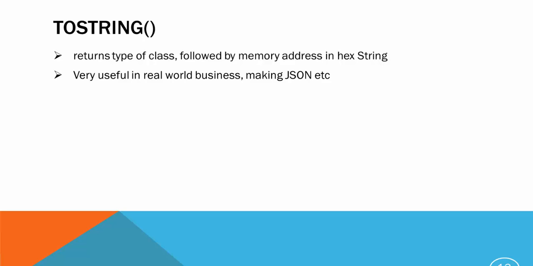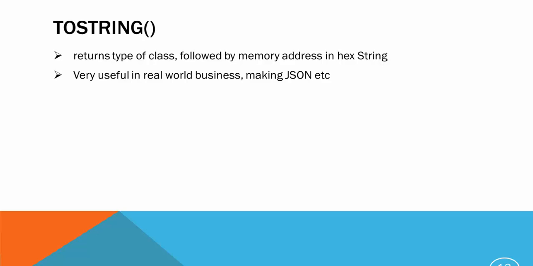When you print the object, internally it calls toString. If you don't override it, it will call the Object class's toString method. If you override it, it will call your overridden method, in which you can write a custom message based on the properties you want to show to the user.